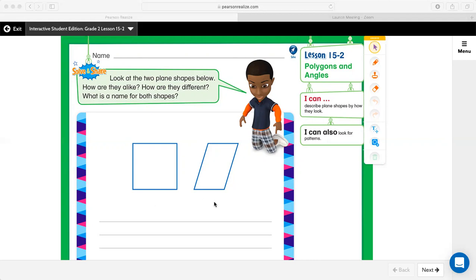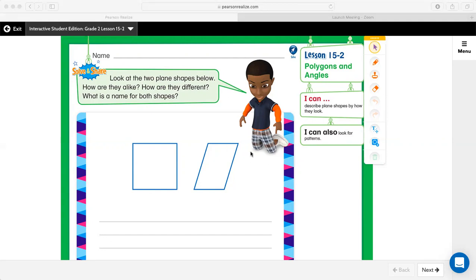So she named the shape quadrilaterals, both of them 4 sides. That's a quadrilateral, right? We have 1, 2, 3, 4. And we have 1, 2, 3, 4. Okay, so that's how they're similar. They both have 4 sides and they're both quadrilaterals.